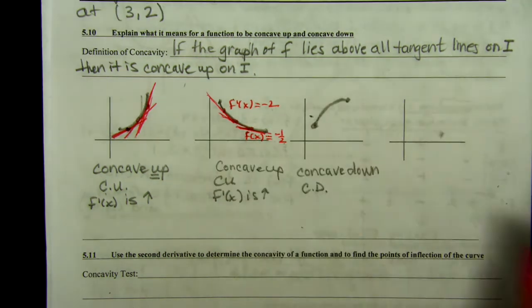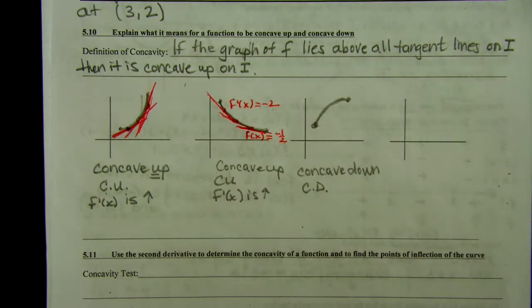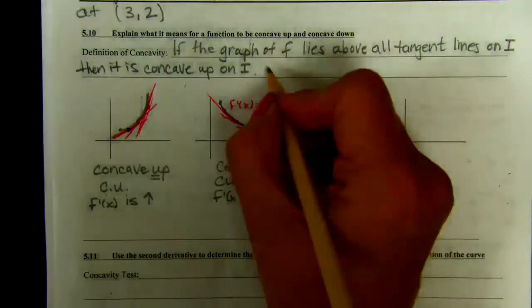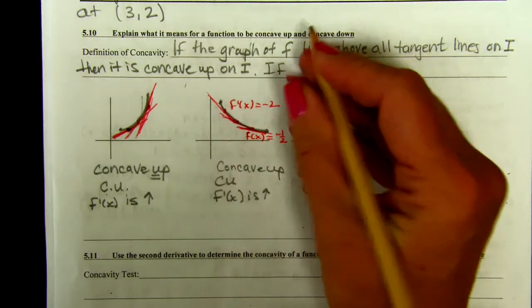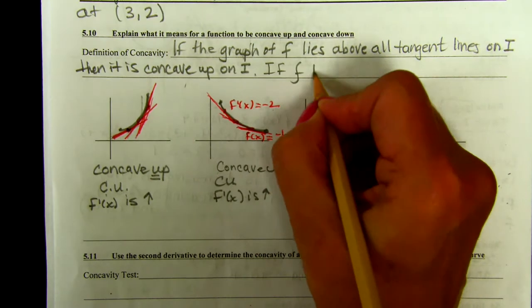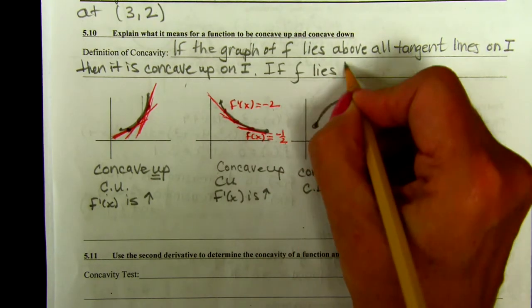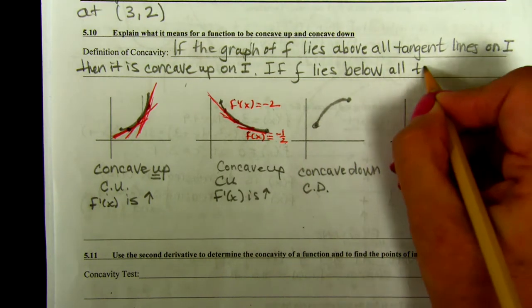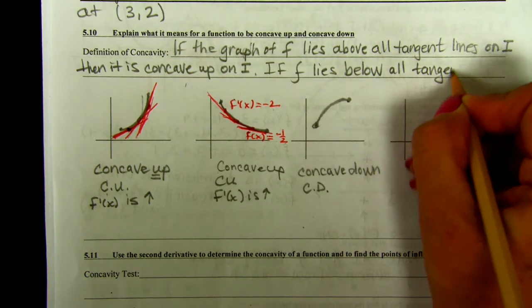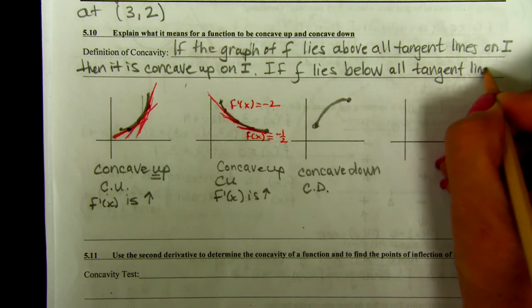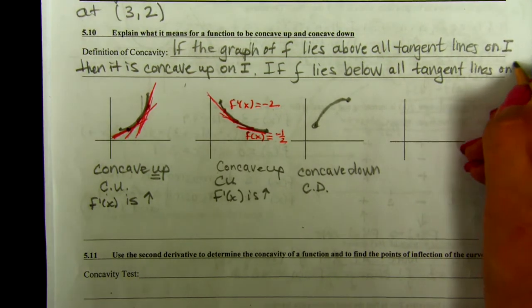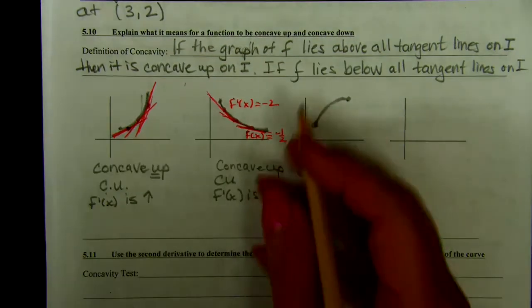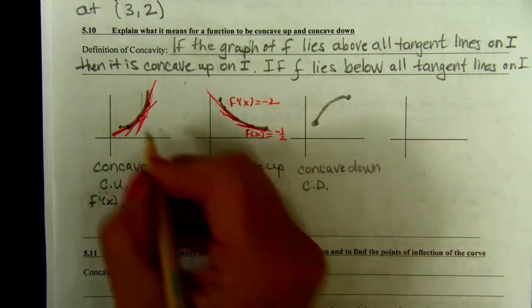Okay, let's go back and look at concave down. So the definition then of concave down is if f lies below all the tangent lines on I, okay, then it is concave down.